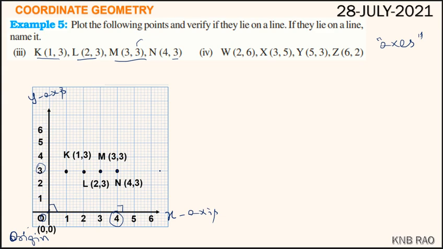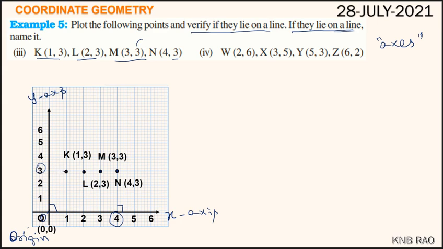Now, tell me, are these points lying on the same line? If I want to check whether they lie on the same line or not, I have to draw a line passing through any two of them.